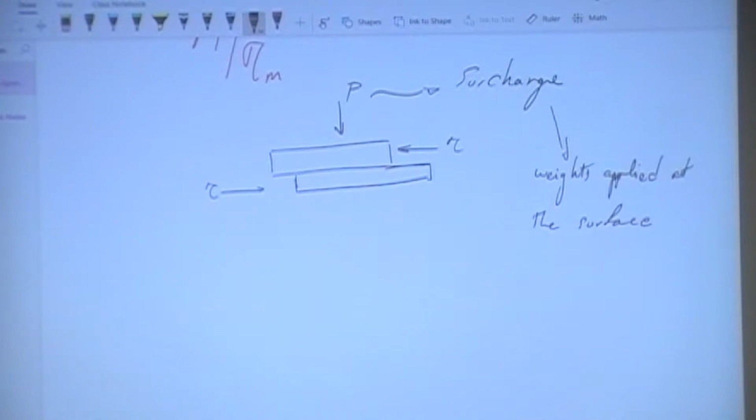All right, so these are going to be different amounts of weights that you place at the top of the soil. It could be 100 grams, 200 grams, 400 grams. And the higher that number would be, the better would be the interaction between the particles. Essentially it compacts the material underneath that weight. So weights applied at the surface, and surcharge acts as confinement.